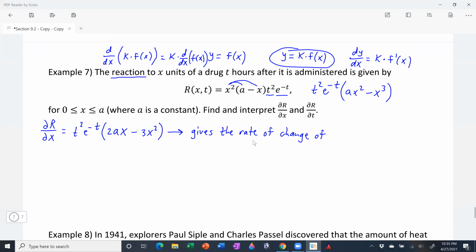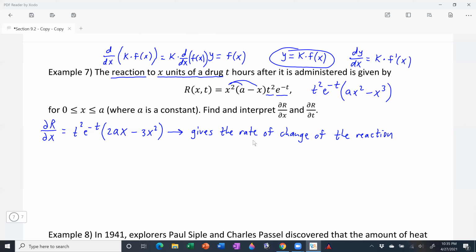That's what the derivative is going to do. And we're focusing on the variable x, so x units of a drug. So this gives the rate of change of the reaction, where R is the overall function.